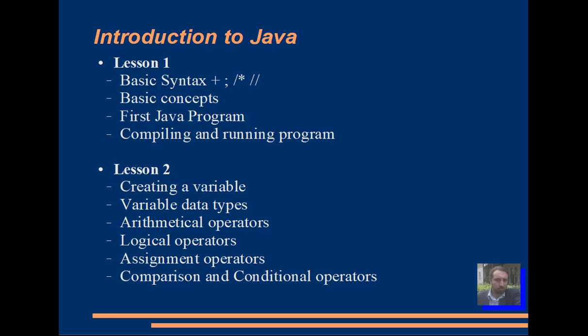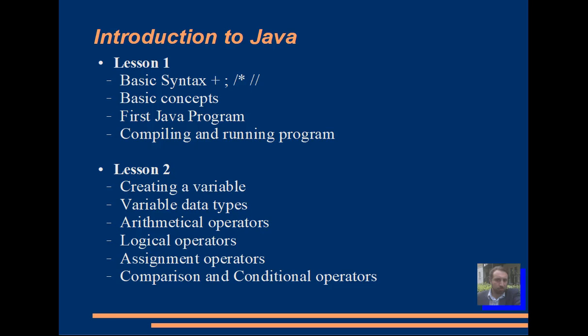In the first lesson, we'll be talking about the basic syntax, where we use the semicolon and the backslash, and how to make comments, just getting all the basic stuff out of the way. We'll also briefly talk about the basic building blocks in programming languages.